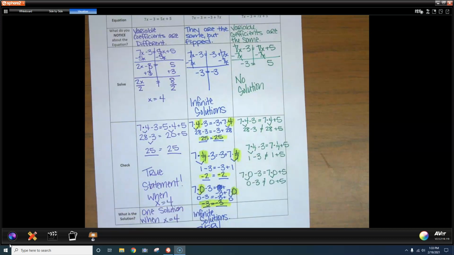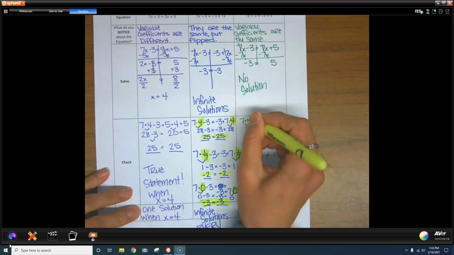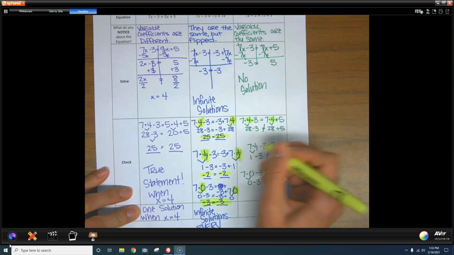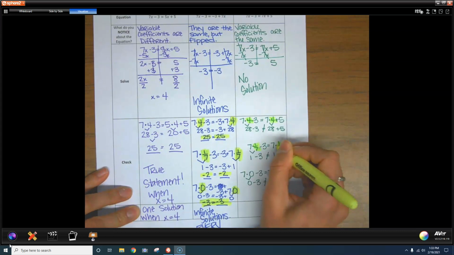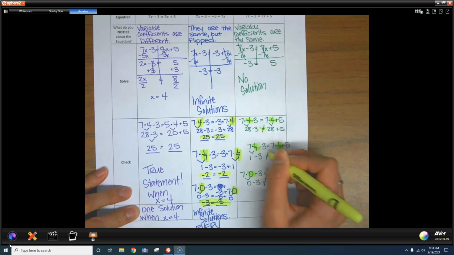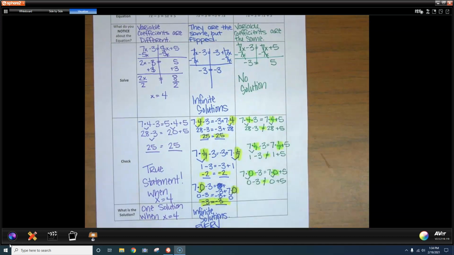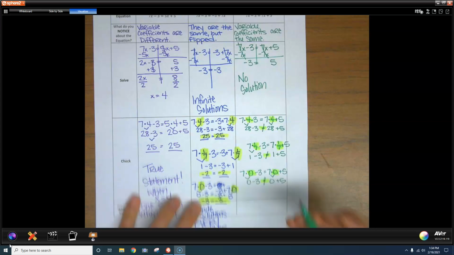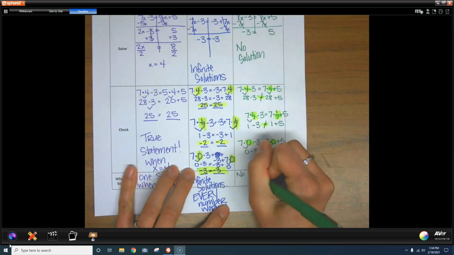Nope. So what this means is no matter what number I plug in, I tried 4, I tried 1/7, I tried 0. They were not equal, not equal, not equal. So what that means is that there is no solution.